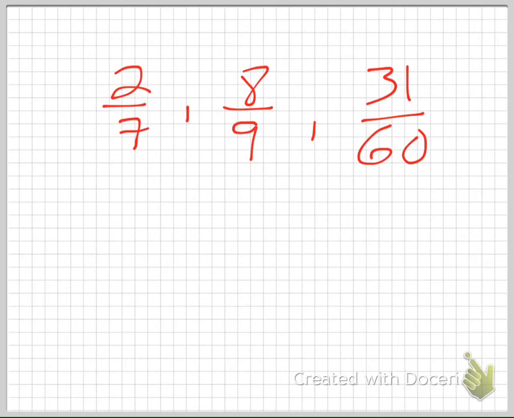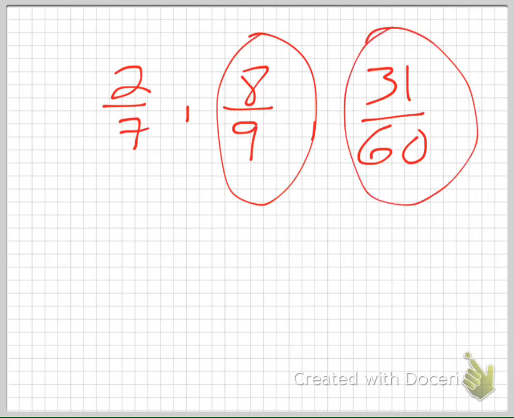I can. Which one's the smallest? 2/7, because it's way less than half. 8/9 is almost a whole one, and 31/60 is right near half. So just by understanding the concept of fractions, you can do most of this.